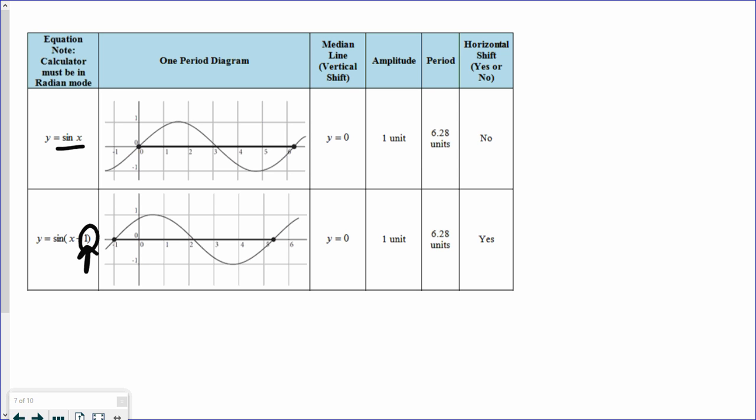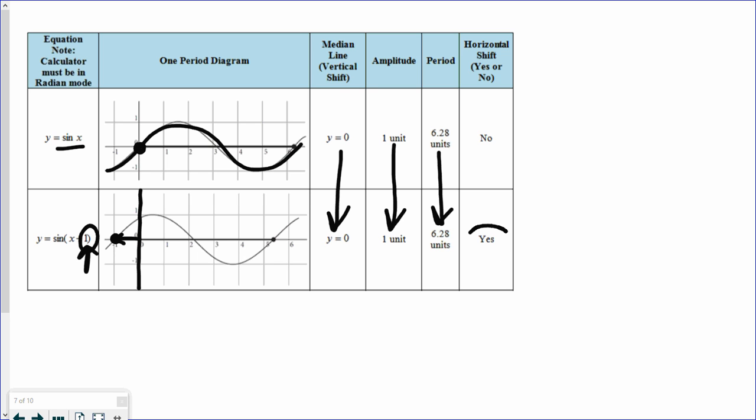So when I've changed this, we've gone from a graph with our starting point on our y-axis, and now we've shifted it, and now our starting point is not on the y-axis. On our y-axis we're pretty close to our maximum. So that's what's actually changed. These are the same, these are the same, these are the same. Yes, it now has a horizontal shift.